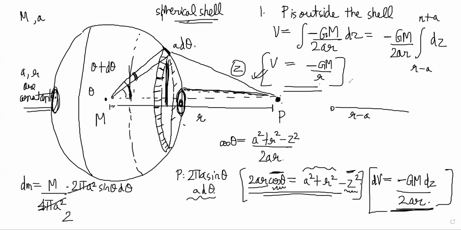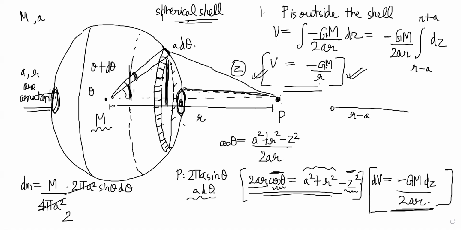While calculating potential, you can just imagine the whole spherical shell to be a point mass at the center. Then you will not have to derive the whole thing again and again. We have gotten the derivation, and from there we are making this claim that if the point is outside, the shell behaves like a point mass while calculating potential.